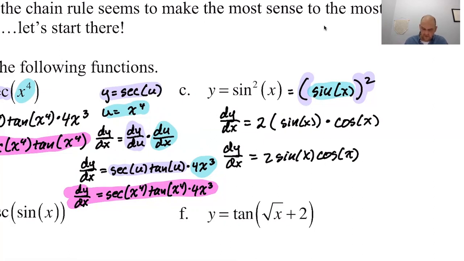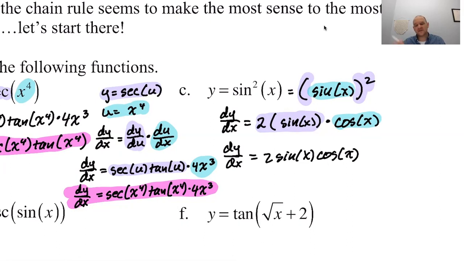So let's see if we can follow through what happened here. The derivative of something squared is 2 times that thing, and then times the derivative of that thing. That thing is sine of x.